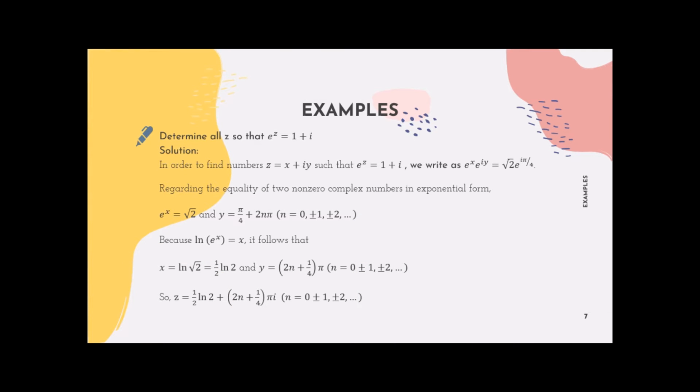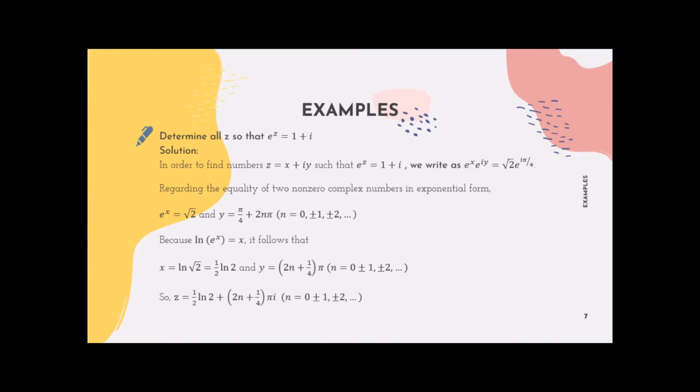For example, determine all z so that exp(z) equal to 1 plus i. Solution. In order to find numbers z equal to x plus iy such that exp(z) equal to 1 plus i, we write exp(x) exp(iy) equal to square root of 2 exp(i pi over 4).